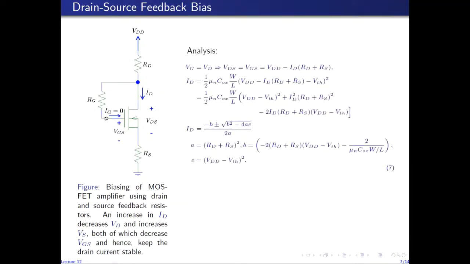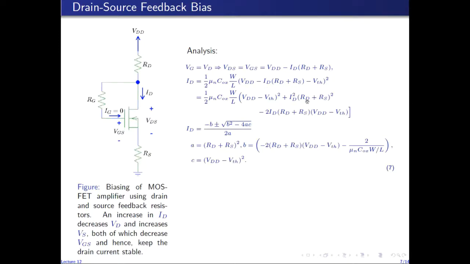So as before, VG is the same as VD because there is no drop across RG, which means that the drain to source voltage is the same as gate to source voltage, and drain to source voltage is given by writing a KVL in the output loop. So it is VDD minus ID RD minus ID RS, and then we can use this VGS in the saturation current equation to find ID.